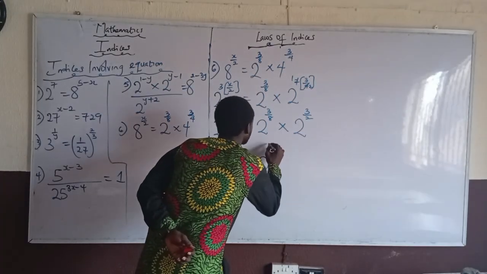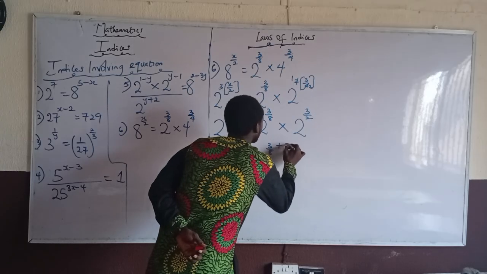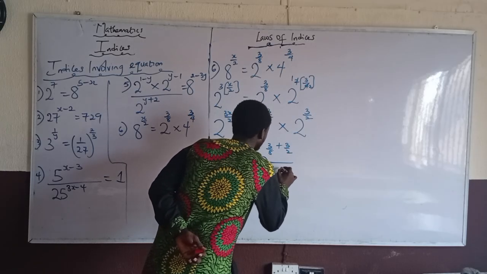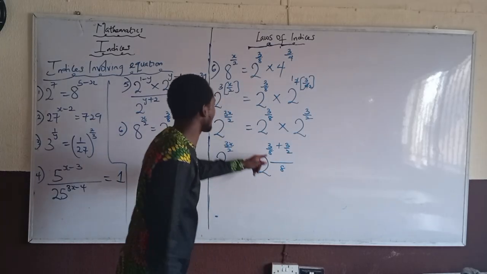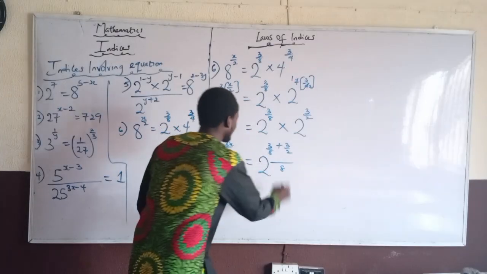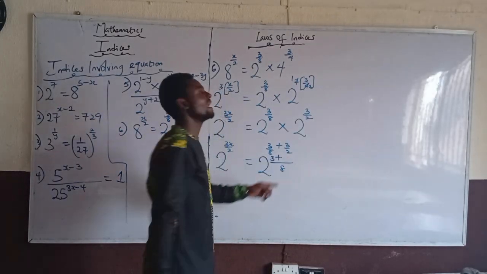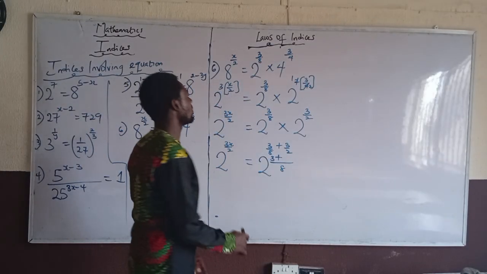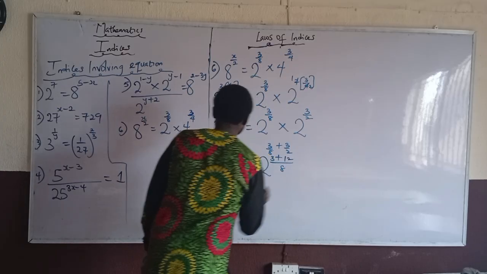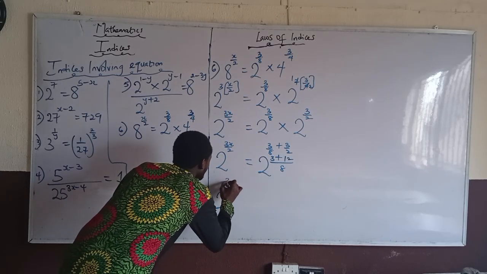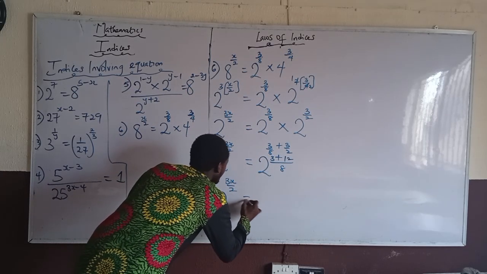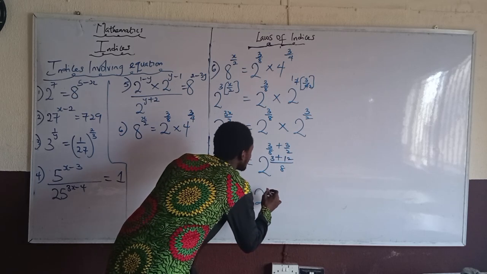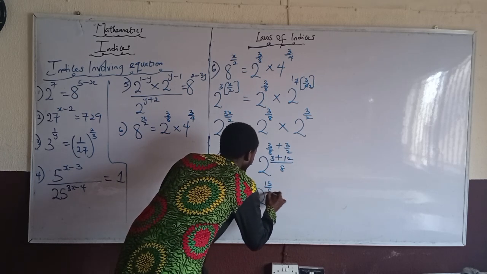That is 2 raised to power 3 over 8 plus 3 over 2. I'll find the LCM, which is 8. 8 divided by 8 is 1. 1 times 3 is 3, plus 8 divided by 2 is 4. 4 times 3 is 12. So here becomes 2 raised to power 3x over 2 equals to 2 raised to power 15 over 8.